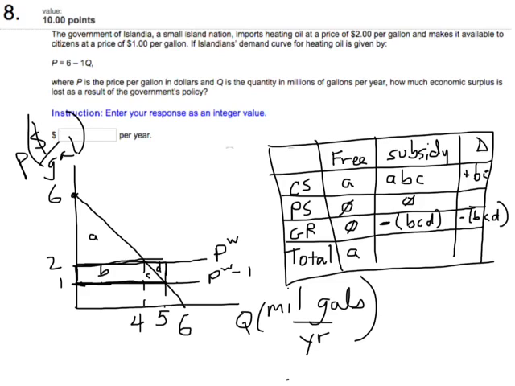So when we add up total well-being under the subsidy, positive B, positive C, negative C, we're left with A minus D, and then we can see as an economy, we've lost area D.